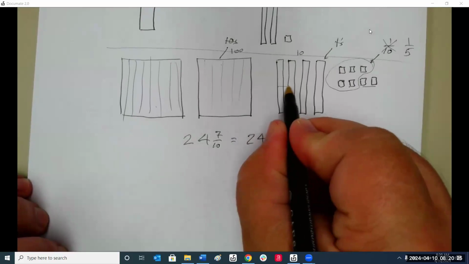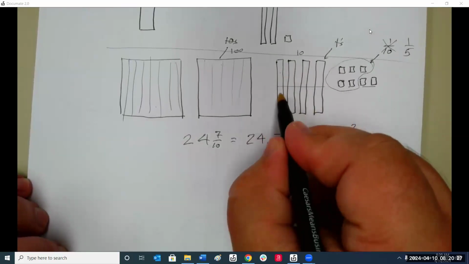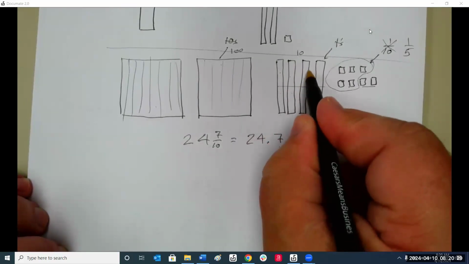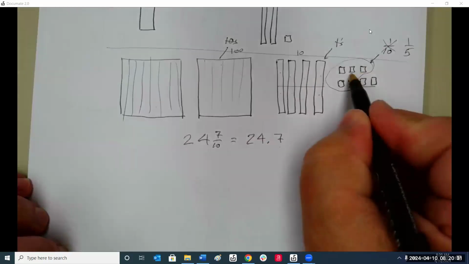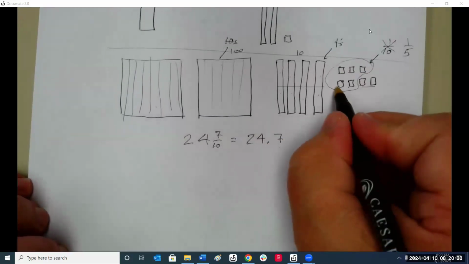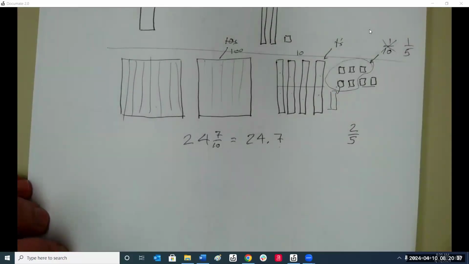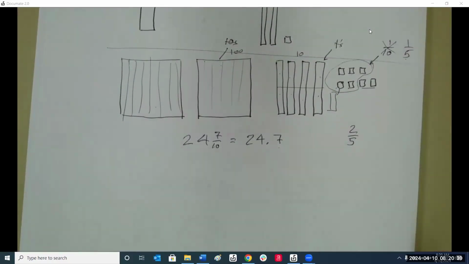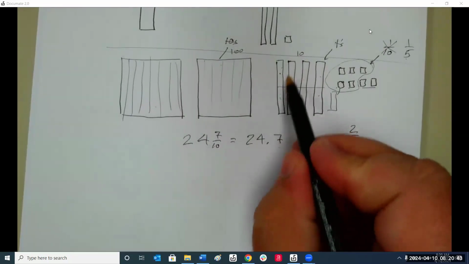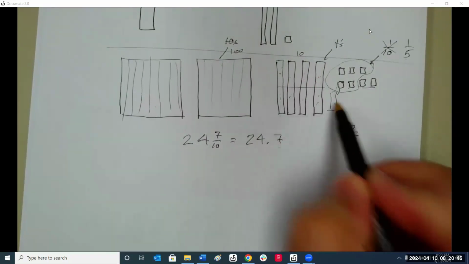Remember, these are 10s. So we actually have 1, 2, 3, 4, 5. 1, 2, 3, and then this one. So that one now becomes another stack of 5. Since they're 1/5, the ones are 5 units tall.